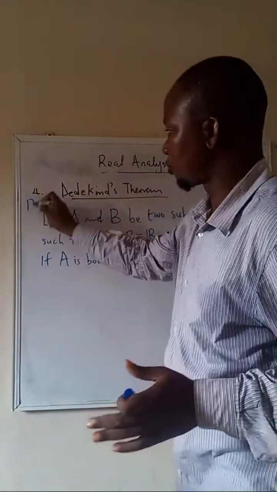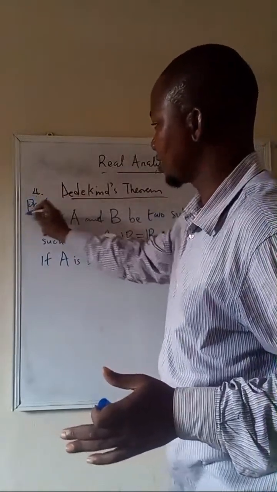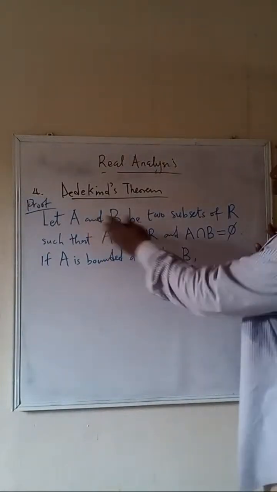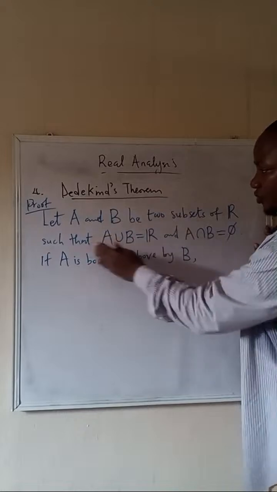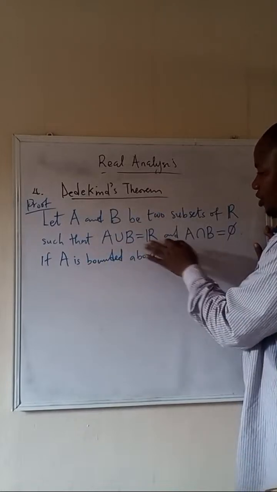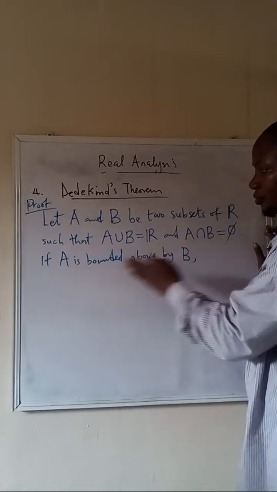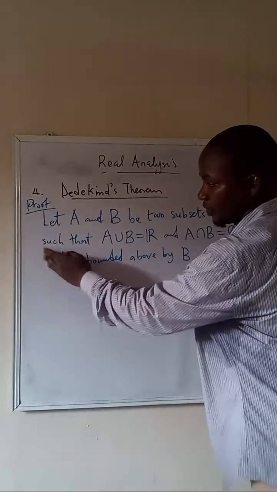So let me prove here so that everyone can see. Proof: let A and B be two subsets of R such that A union B is equal to R and A intersection B is empty. Now I'll use the if here.